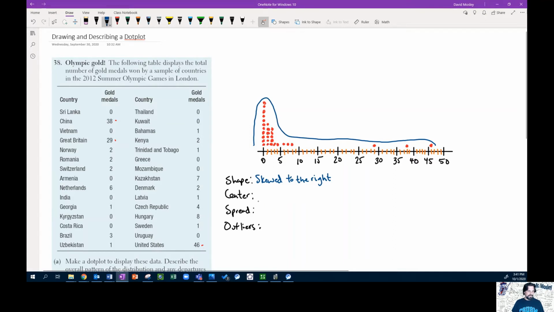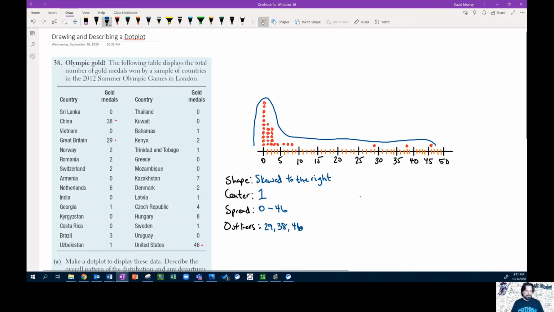So the median falls at 1. The spread is from 0 to 46. And I think there are possible outliers at 29, 38, and 46, based on the fact that they're way outside the rest of it.